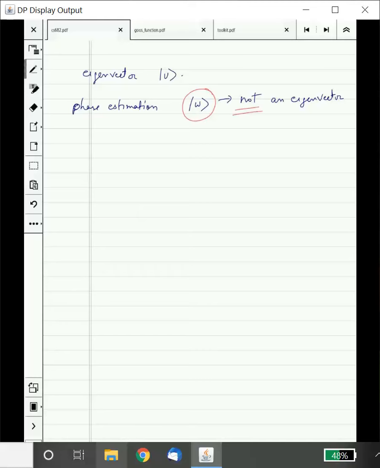The answer is hidden in linearity. Notice that w can be written as sum of alpha i u i for some alphas, because the eigenvectors of u will form an orthonormal basis. Hence, any vector can be written like this.